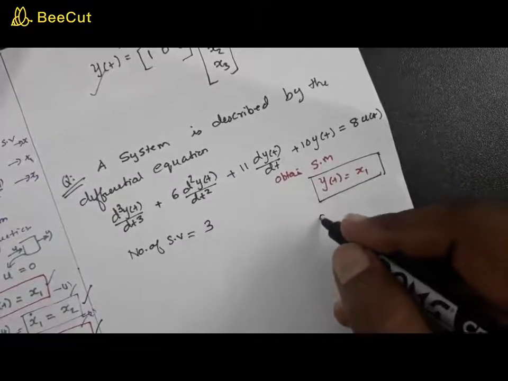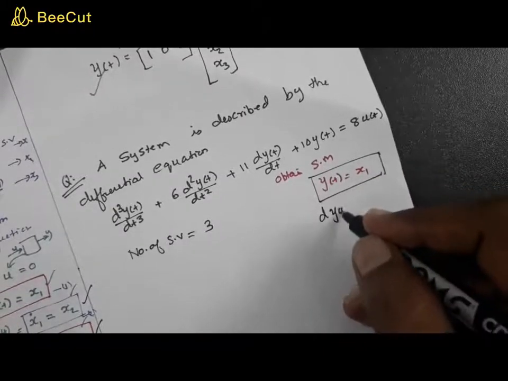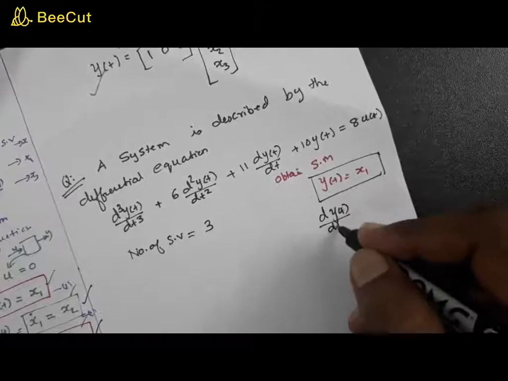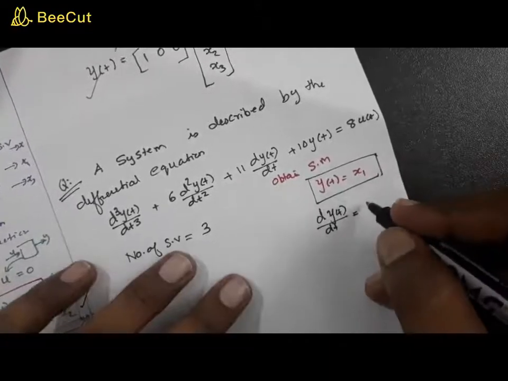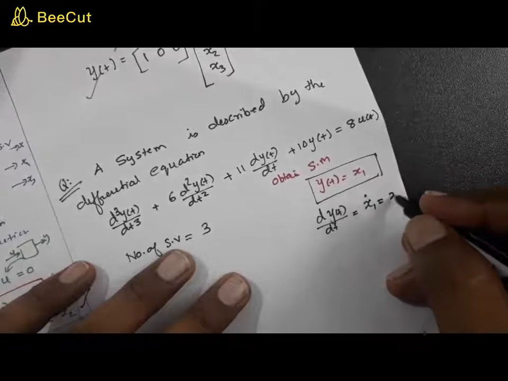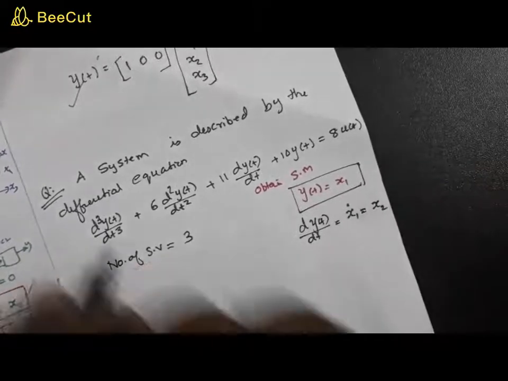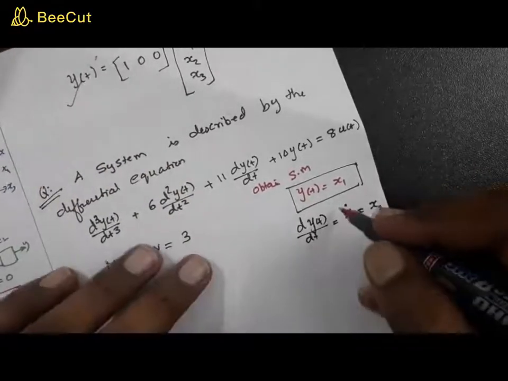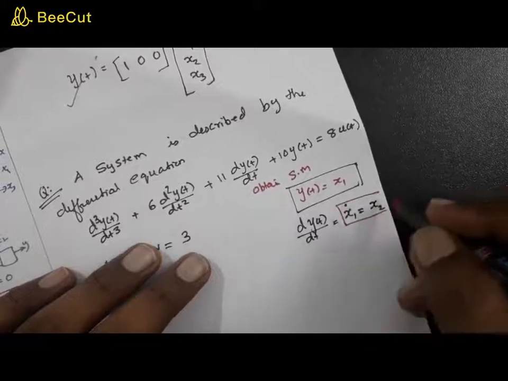So obviously dy of t by dt, which is x1 dot, you can assign to be the second variable. So x1 dot is equal to x2.